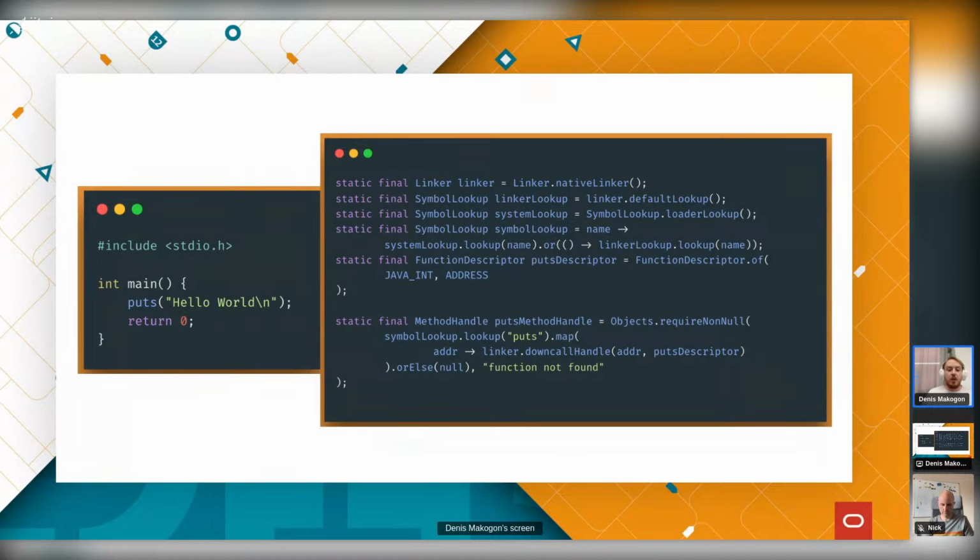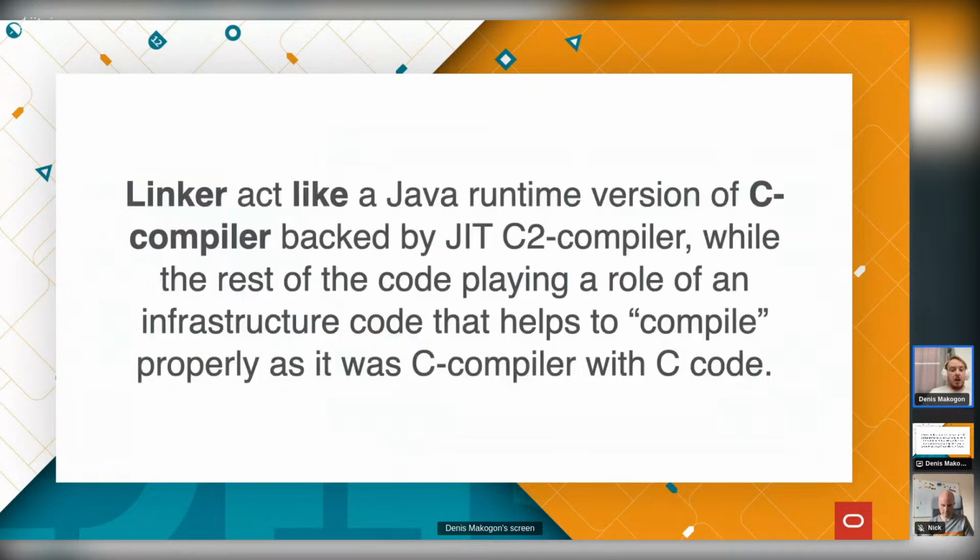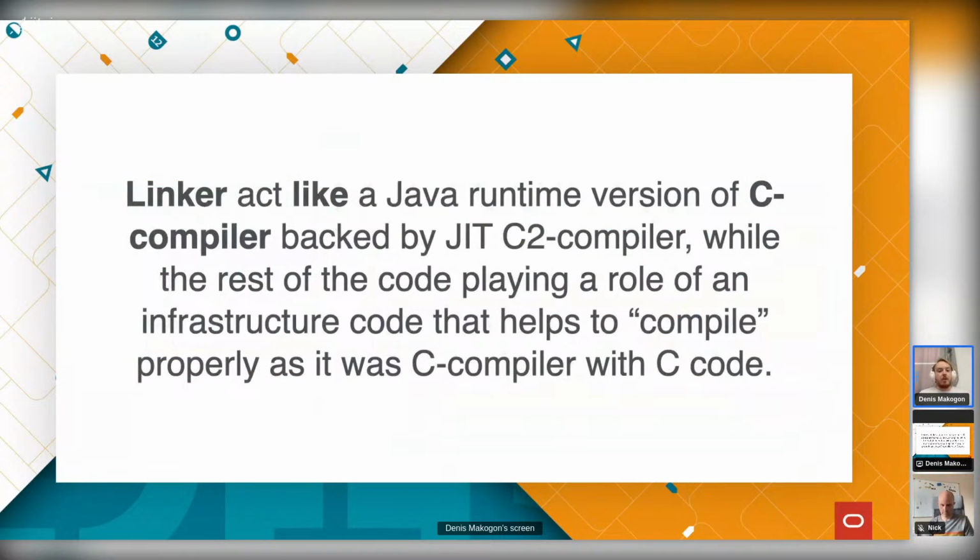Every programming language that adopts the application binary interface concept forces developers to do exactly the same. Anyway, the most important part in Panama is still the linker. It actually acts like a C compiler, which correlates with what I said before. It compiles invocations to native functions with a bit of help from a JIT compiler.